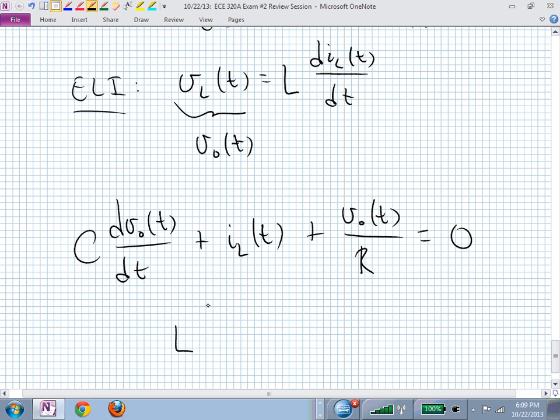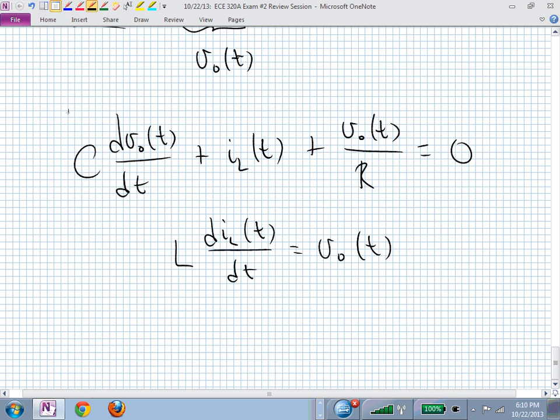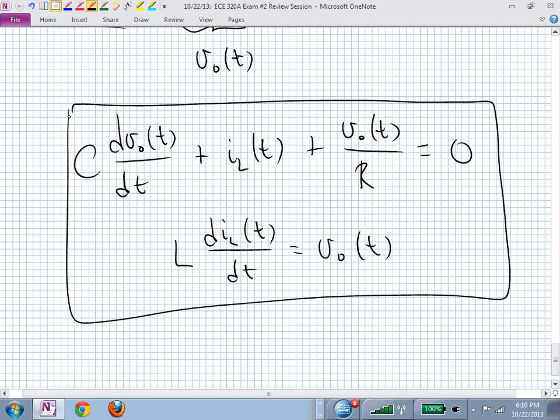I have L di sub L dt is equal to V sub 0 of t. And that really would be the governing differential equations if that's all I ask for for that circuit. And it's second order, isn't it? It's two coupled first order. I have an I sub L prime and I have a V naught prime.